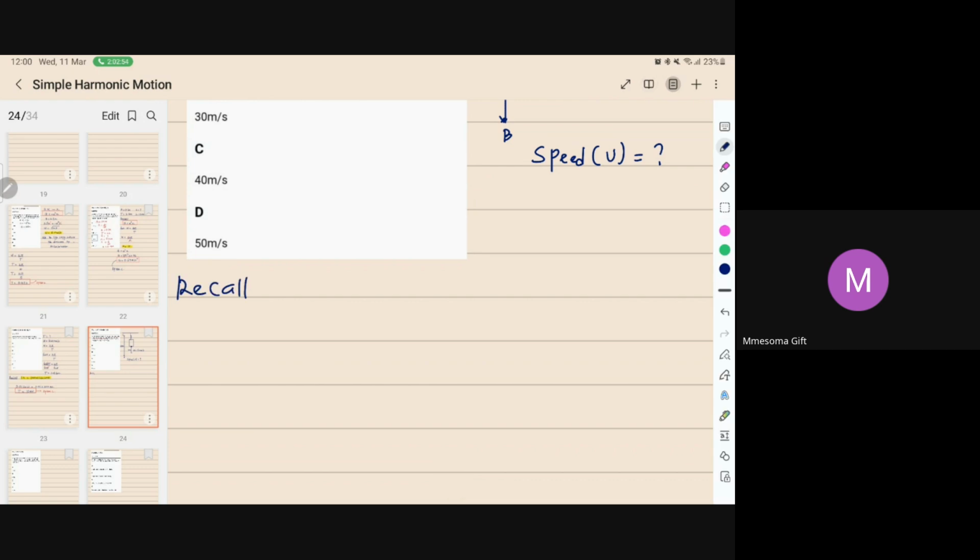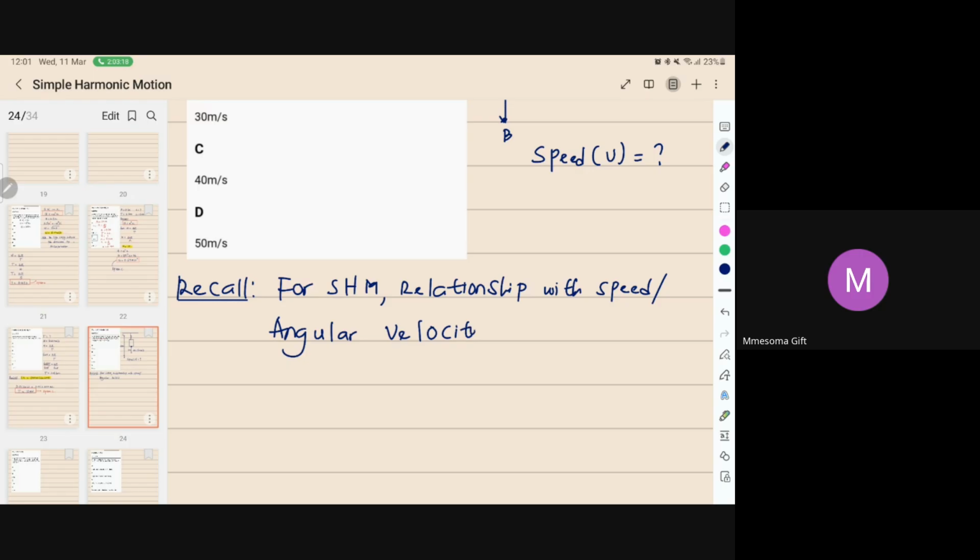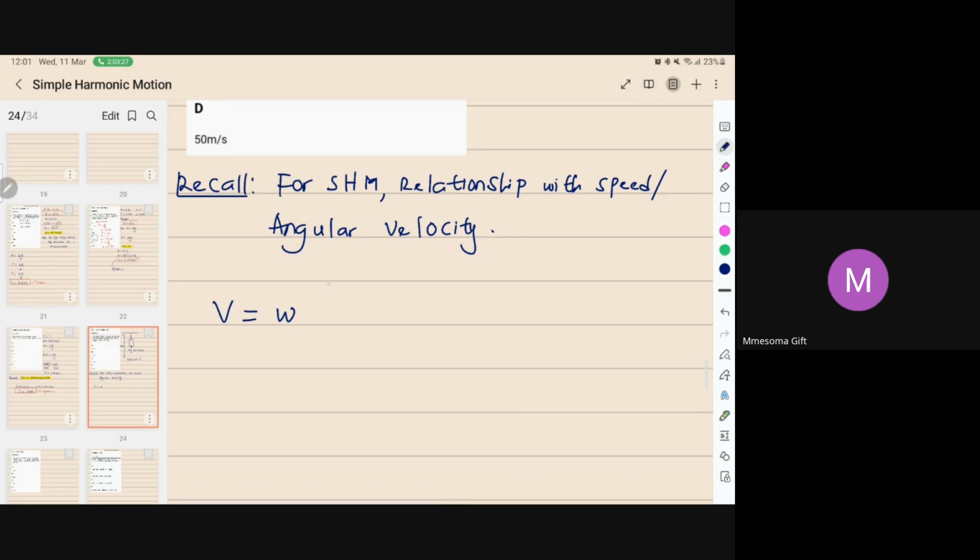So recall, since they are talking about simple harmonic motion, the relationship between linear speed and angular velocity is that V is equal to omega times the square root of A squared minus X squared, right?